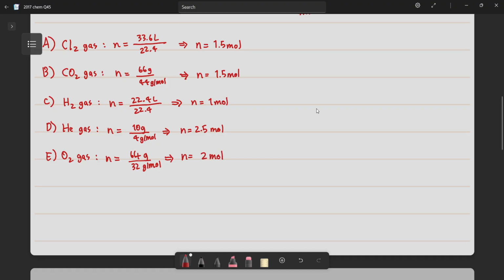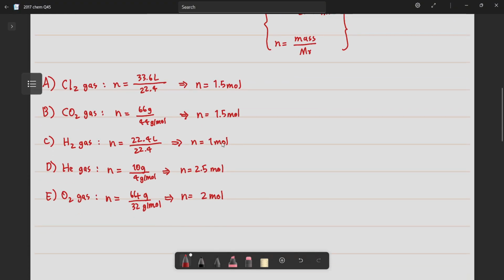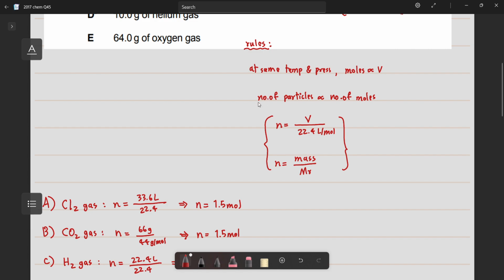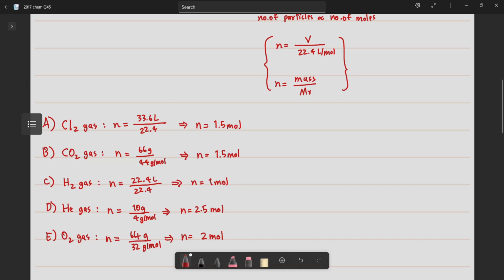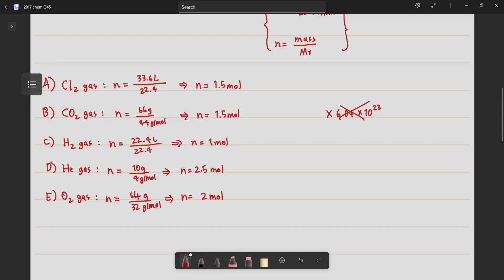Now we can compare which one has the highest number of particles. Since the number of particles is proportional to the number of moles, we don't need to multiply by Avogadro's constant, which is 6.02 times 10 to the power 23. We don't need to do this because it will take a lot of time, so we can directly compare.